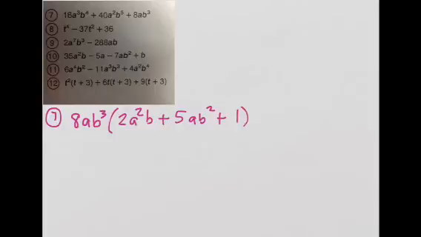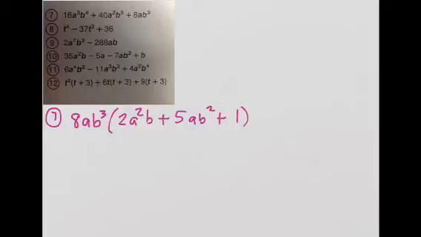So the GCF in number 7, the greatest common factor is 8ab cubed. Okay, when you factor that out, you get 2a squared b, and then you get 5ab squared, and then you get 1.